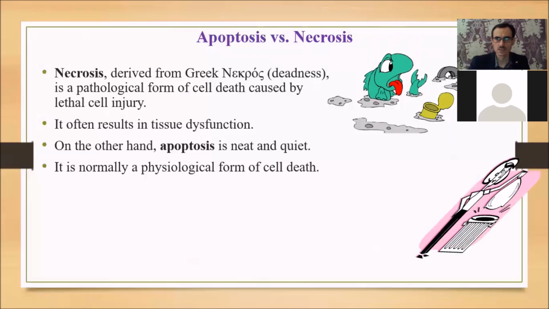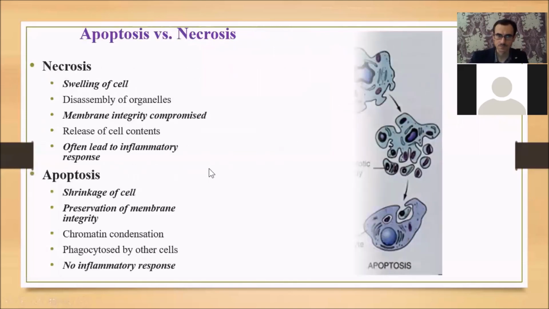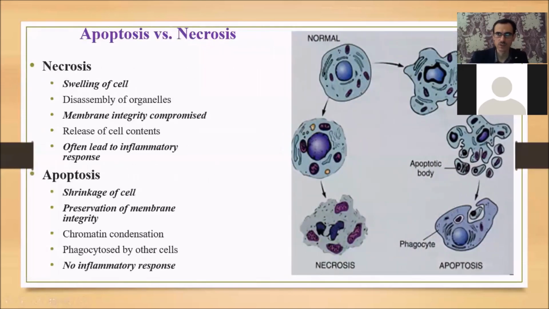This slide illustrates the comparison between apoptosis and necrosis. Necrosis is the pathological form of cell death caused by lethal cell injury. But apoptosis is, as we said, neat and quiet.